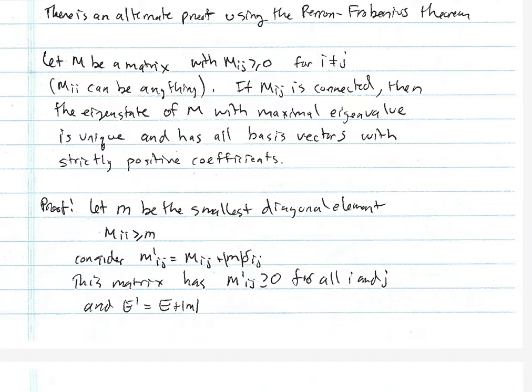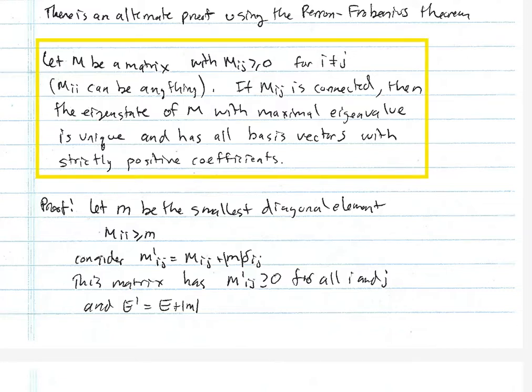So at the moment, I'm not going to be thinking about the Hubbard model or Hubbard matrices or anything like that. We're going to just focus on general matrices, and we're going to consider a matrix M whose matrix elements are all larger or equal to 0 for i not equal to j. The diagonals can be any number, but the off-diagonal elements are all larger than or equal to 0.